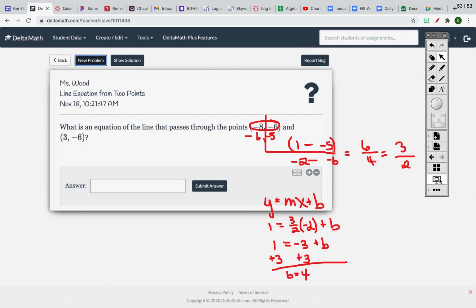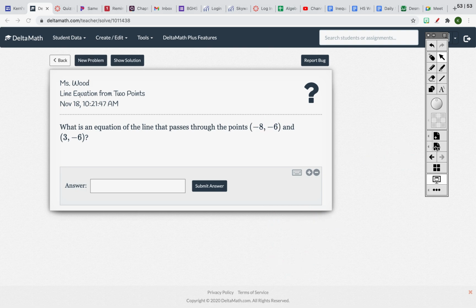So this one is going to be a slope of 0. How do I know? Because my y variables are the same. When there is a slope of 0, the equation is always going to be y equals, and then your y value. So this would be y equals -6.